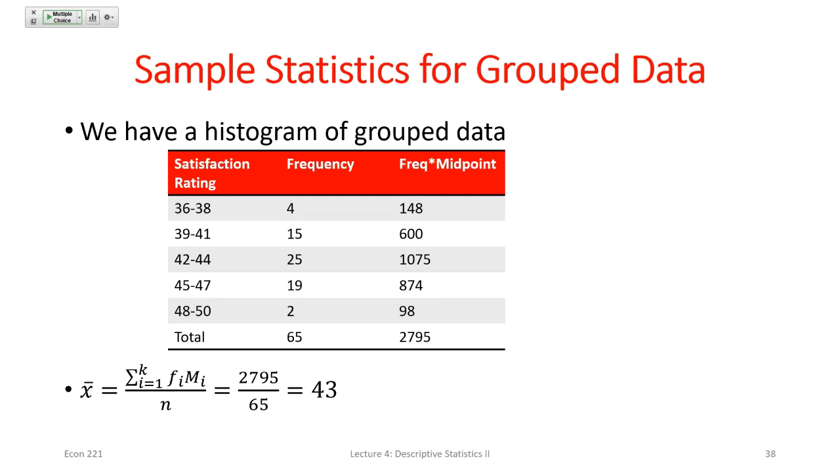I'll add all those up, and I get 2,795. So that's my numerator. I'll then divide by n, or the sum of my frequencies. Here I don't have n, well I do, but I have to calculate it by adding up my frequencies. If I add up all my frequencies, I get 65. So I divide by 65 there. Okay.